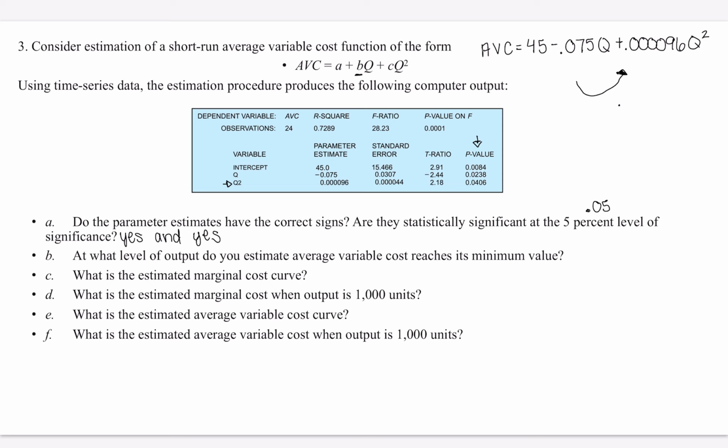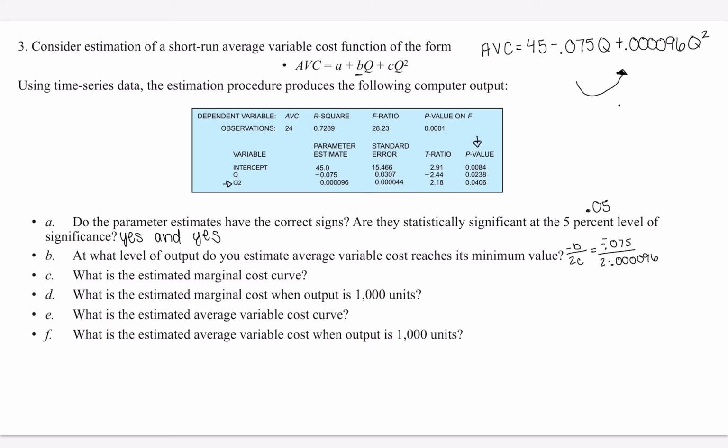At what level of output do you estimate average variable cost reaches its minimum value? We find this with negative b over 2c, which is negative negative 0.075 over 2 times 0.000096.